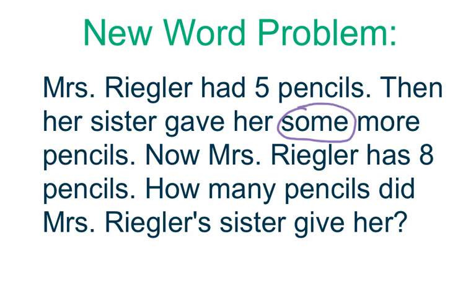If you see the word sum in a word problem, we don't know how much that is. And that means we're solving for the middle of our word problem, since we have 5, sum, and then 8. That means our number sentence will look like this. 5 plus something equals 8.